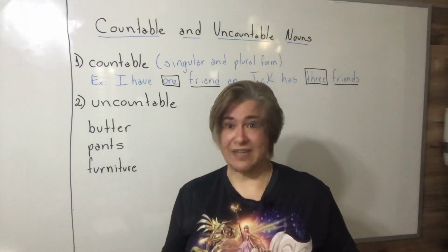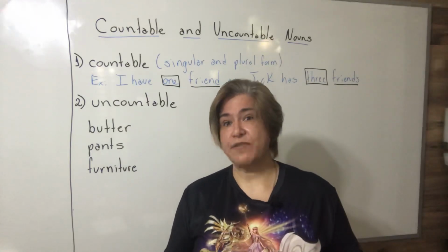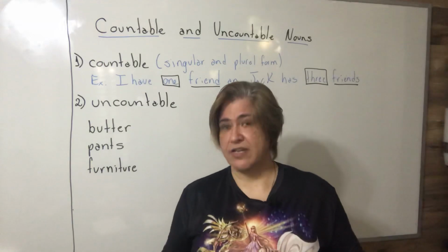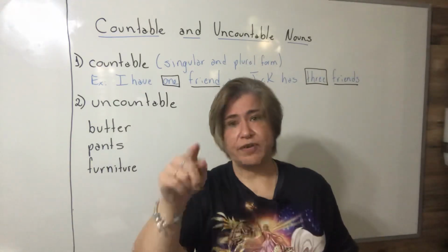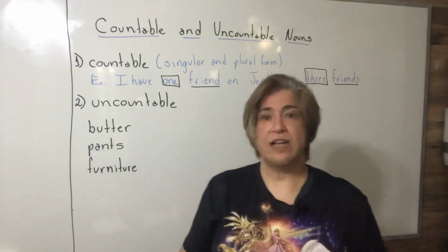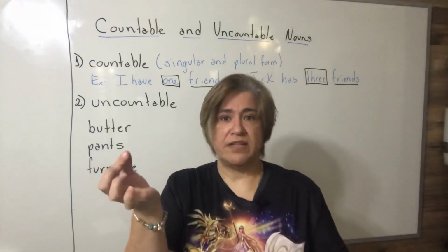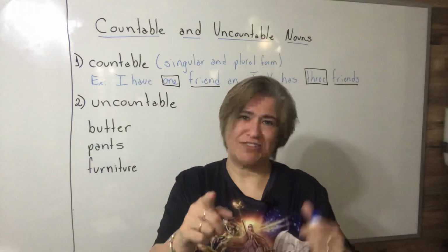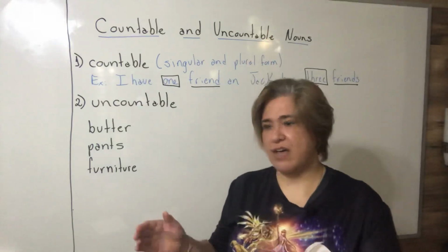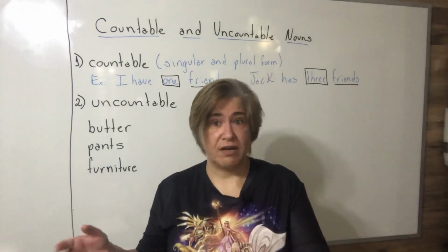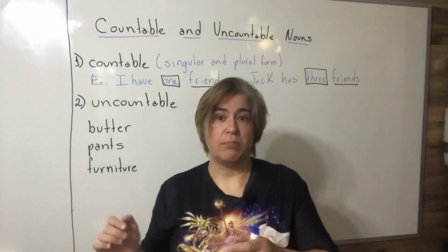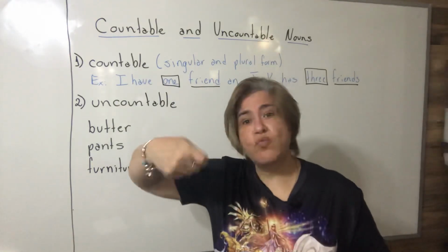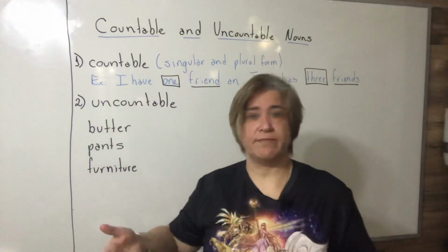These substances, it's very difficult to count the substance. It's very difficult for you to come to me and say, look, Luciana, 1 butter, 2 butters. You can't do that. You have to say 1 pot of butter, 1 tablet of butter, 1 spoon of butter.